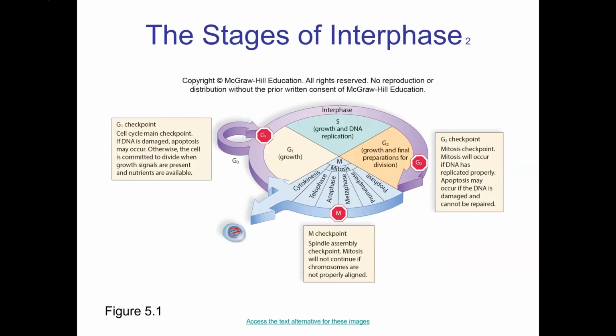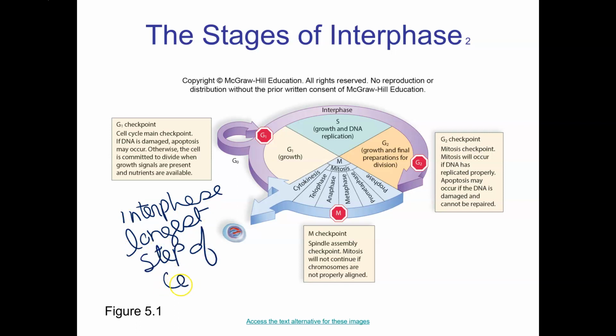And so here you can see that interphase is this whole purple region. If you look, interphase takes up the majority of the cell cycle. So interphase is the longest step of the cell cycle. And it is broken down into 3 major steps.